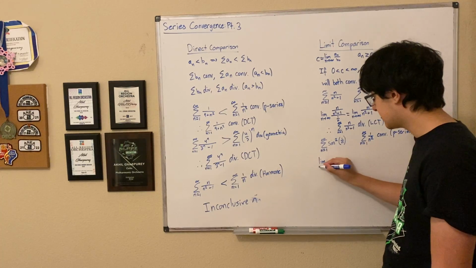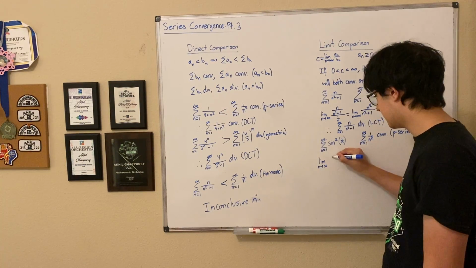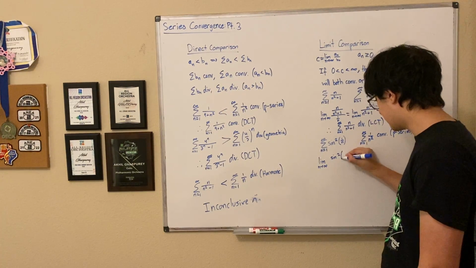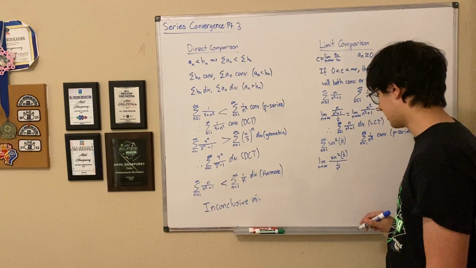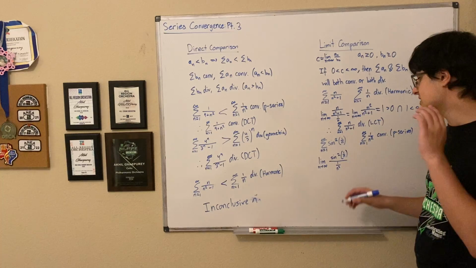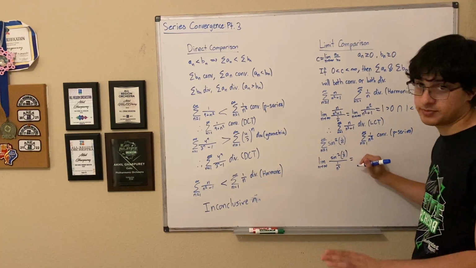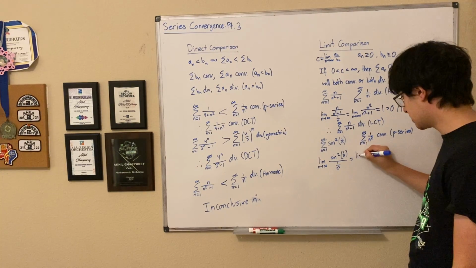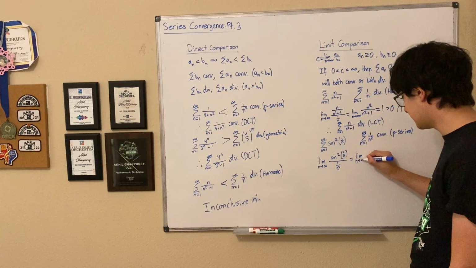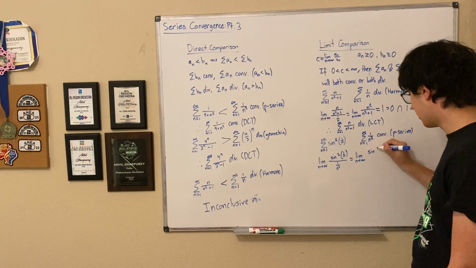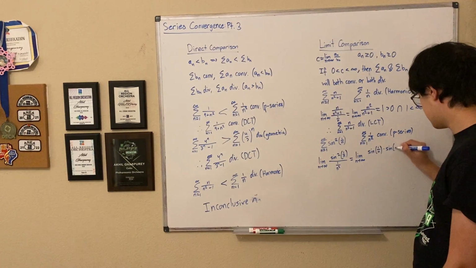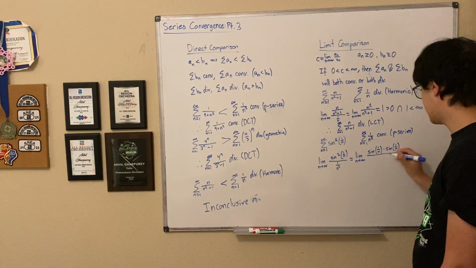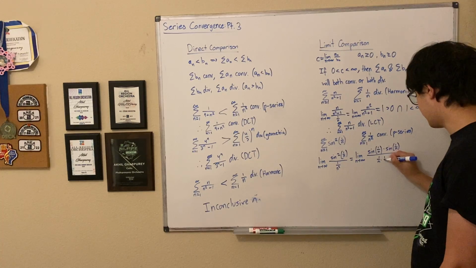So we have the limit as n goes to infinity of sine squared 1 over n divided by 1 over n squared. Now I'm going to split this limit into two limits. We have the limit as n goes to infinity of sine of 1 over n times sine of 1 over n, divided by 1 over n times 1 over n.